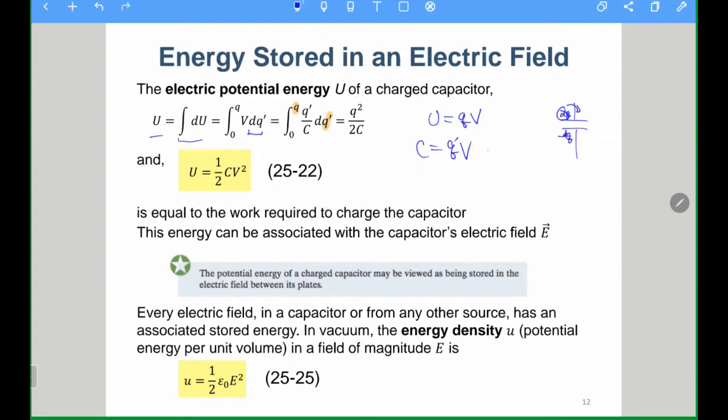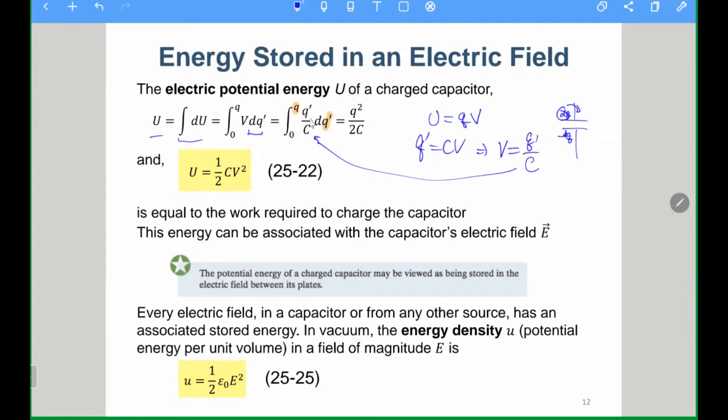Sorry, it should be q prime equals CV. So V is actually q prime over C, and then we plug this in there. So we have q prime over C dq.